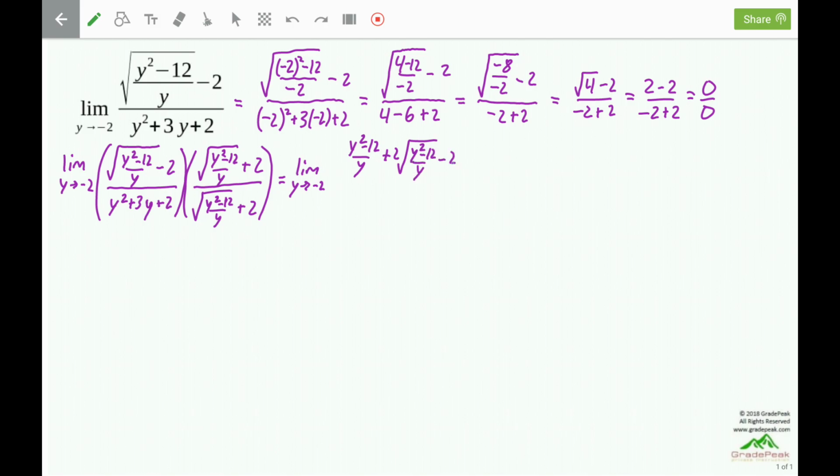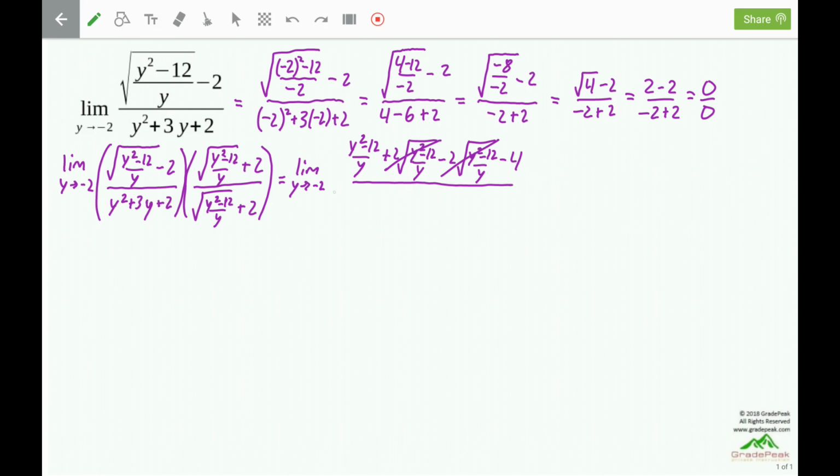Inside, negative 2 times the root of y squared minus 12 over y. And then last, negative 2 times a positive 2 is a negative 4. After FOILing out the root conjugate, the outside and inside terms should be equal value with opposite signs, so they will be able to cancel out.